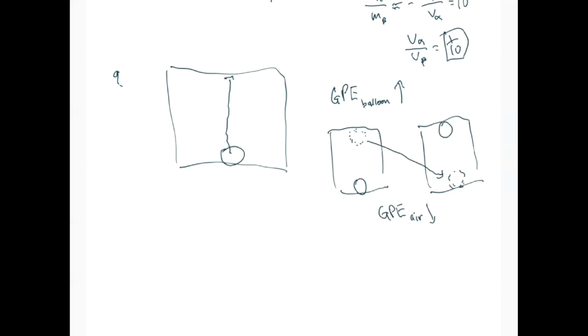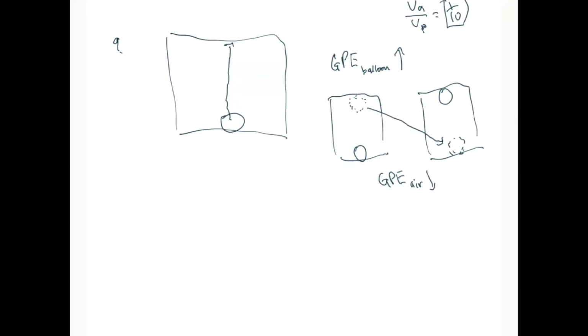Do we have a question? Shouldn't the kinetic energy decrease because the balloon has to slow down as it reaches the ceiling? No, and the reason why is because initially the balloon is at rest, right?